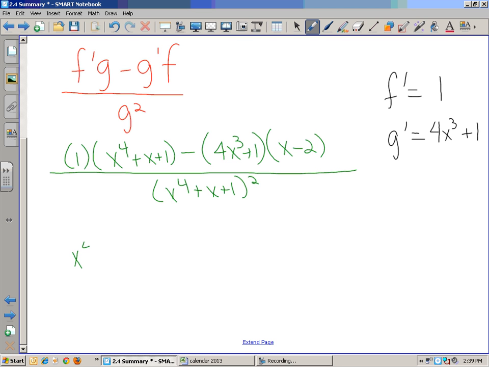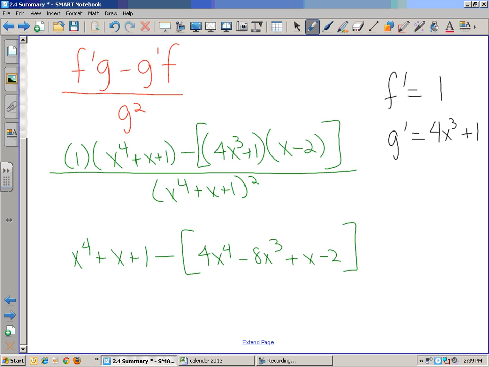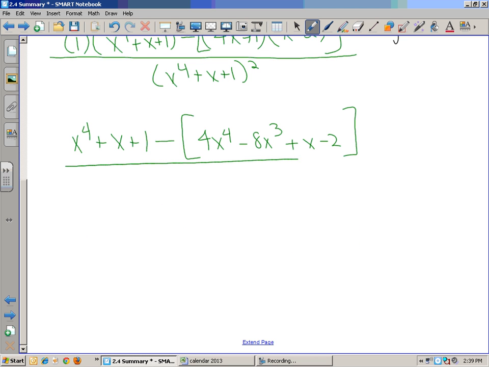But on top, minus. Now I'm putting brackets because the minus sign is going to apply to everything after it. So 4x to the fourth minus 8x cubed plus x minus 2. Remember, that's all after the brackets. The bottom remains unchanged.